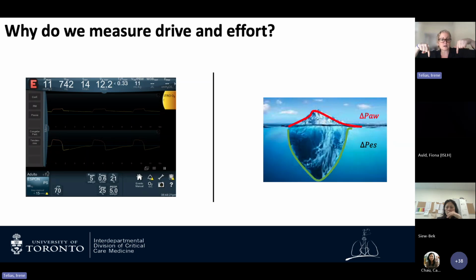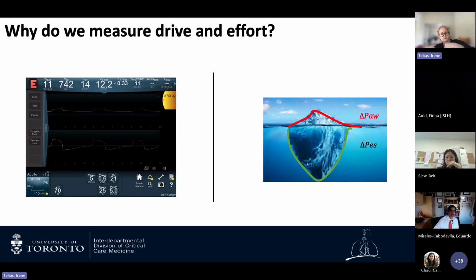This decrease in pressure inside the pleural space is transmitted to the alveoli and the airways, and that generates a pressure gradient between the peripheral alveoli and atmospheric pressure, or the pressure at airway opening, and that drives the air into the lungs, or sucks the air in.